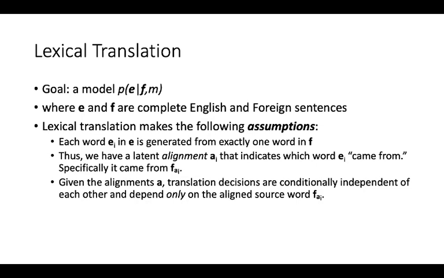And then we have a latent alignment parameter AI that indicates which word each English word comes from. So basically it aligns, for example, the English word EI to F_AI here.